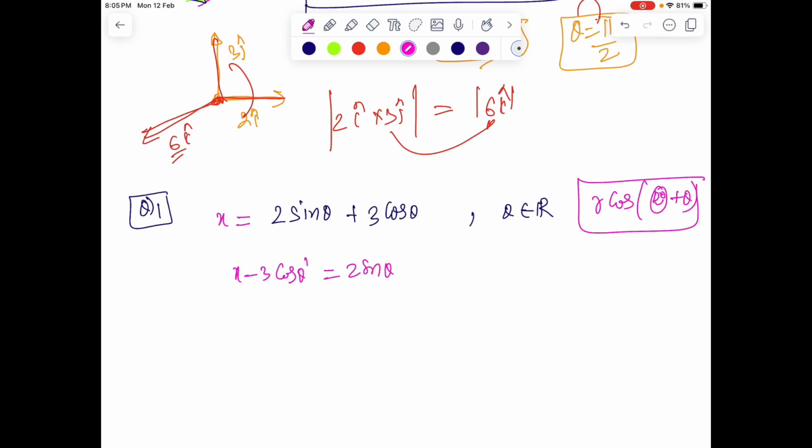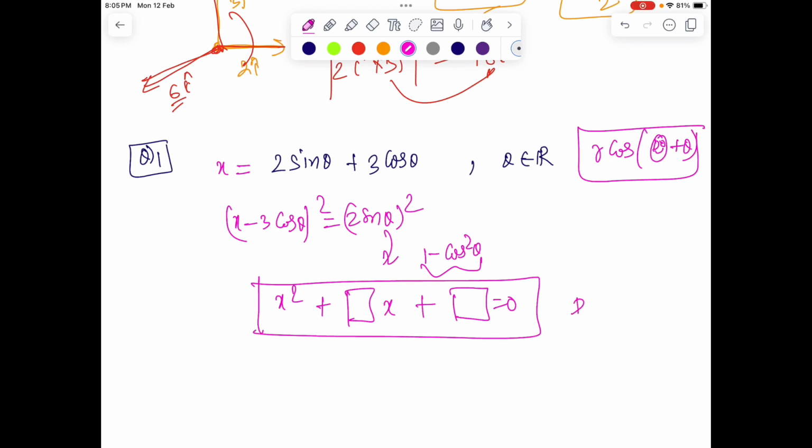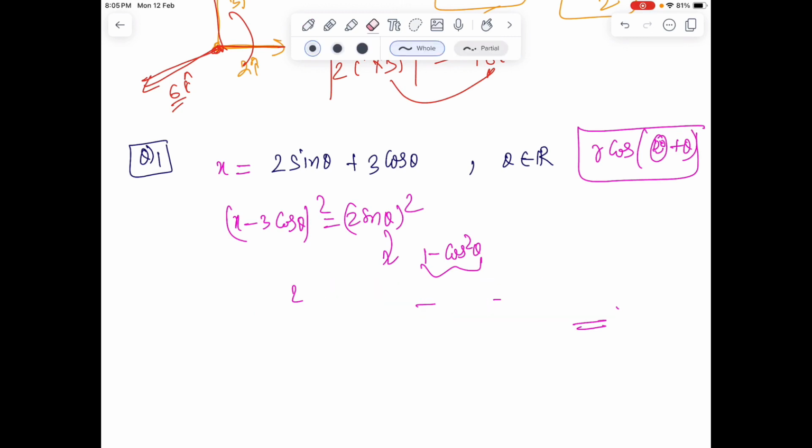The other format will be that maybe someone will keep it as x equals 3 cos theta plus 2 sine theta, then square it. Sine square theta I can convert into cos square theta. So now basically I'm getting a quadratic in terms of x. Of course this involves theta. Now if x is real, this quadratic must have a real root, so D greater than or equal to 0.